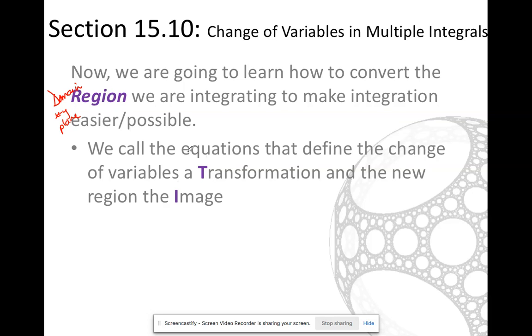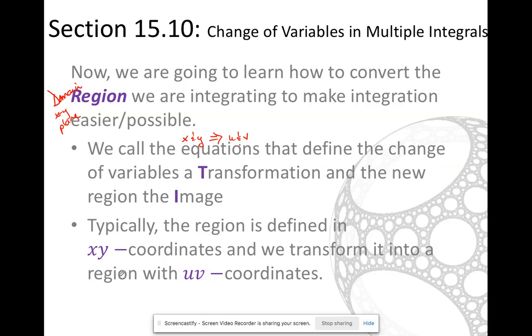We're going to take equations that are written in terms of x and y and transform them so that they contain u and v. We're going to call those equations transformations from the xy plane to the uv plane. And the new region is going to be called the image.